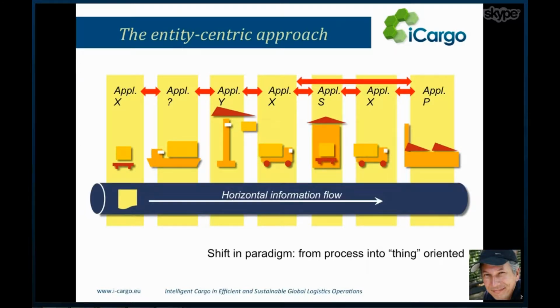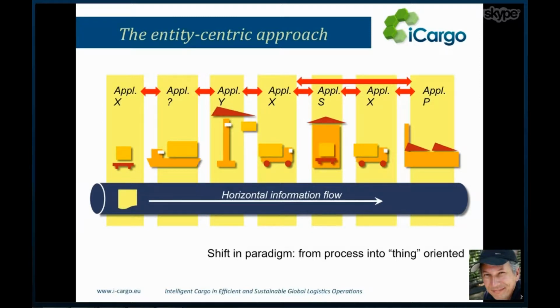And so what we did was add an additional information flow to the existing information exchange and collect information about the cargo, about the container, about the vessel, each in a different but separate electronic document. This electronic document contains all the information that is available about a single thing.